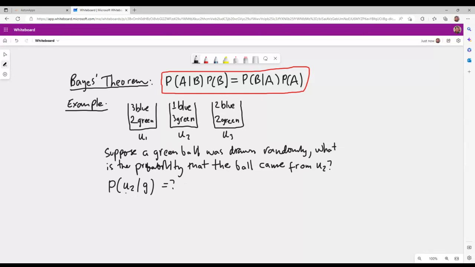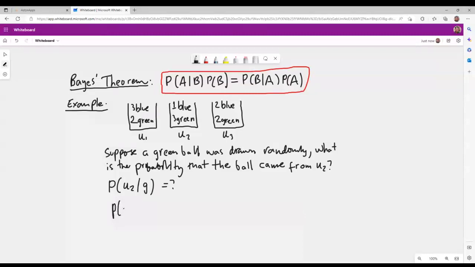So if we represent U2 as the event of the ball coming from urn 2 and G as the event of drawing a green ball at random, then Bayes' theorem connects this conditional probability with other conditional probabilities that we already know.